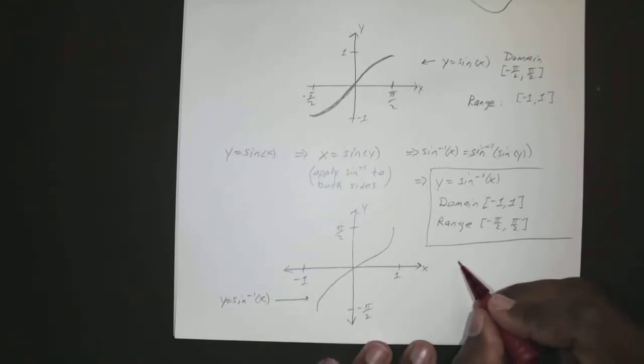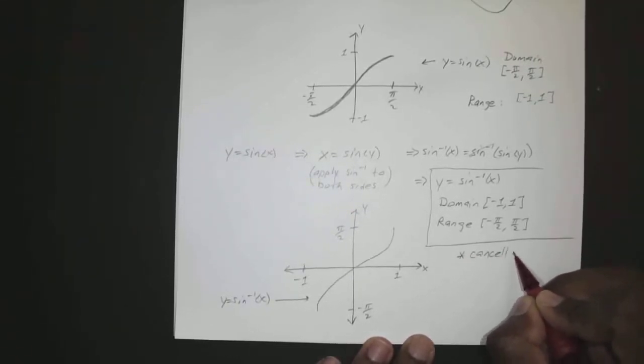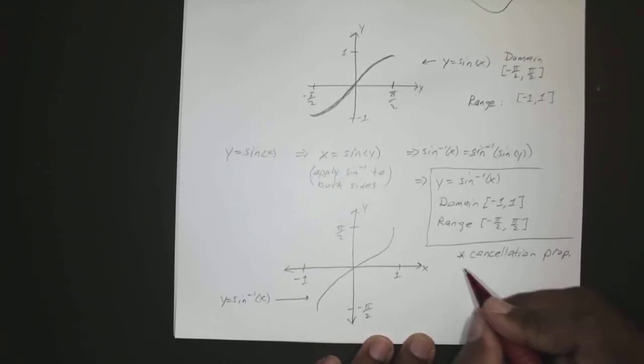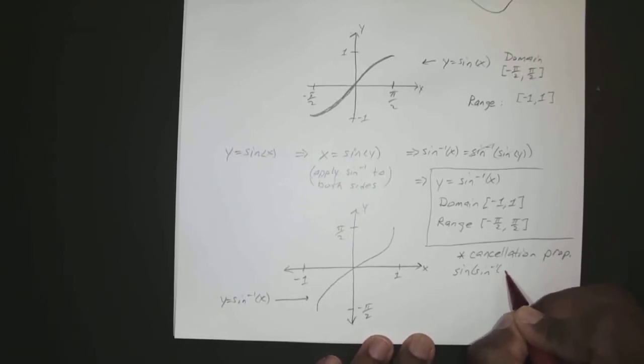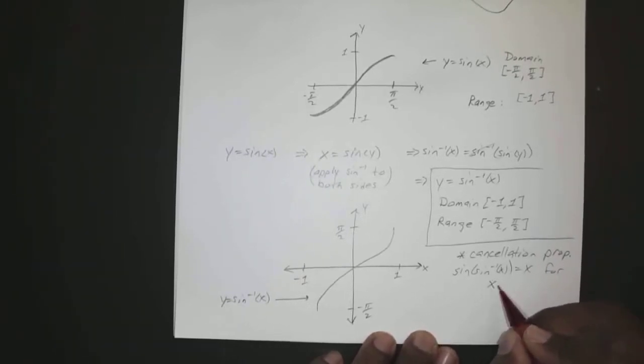All right, and it also has the cancellation properties. Sine of sine inverse of x equals x for x between -1 and 1.